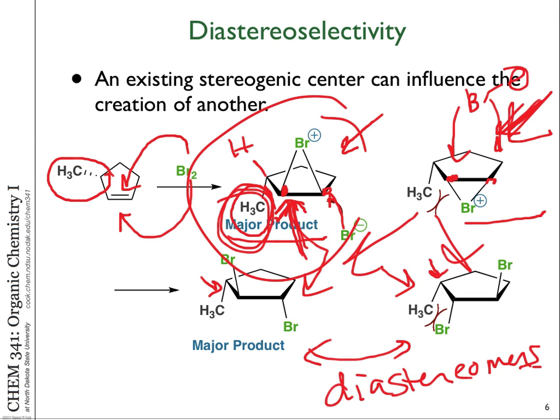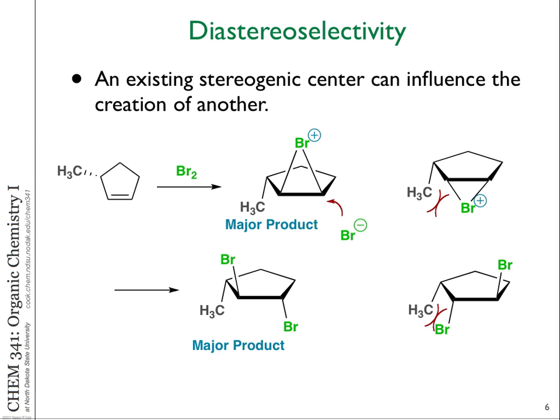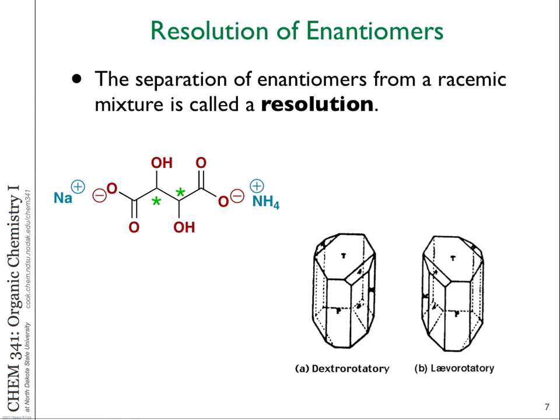So if you really analyze each step and each possible product formation, each stereoisomer which could be formed, you have to think carefully about what influences the formation of each one in each particular step. Organic chemists do this all the time. We're constantly thinking about all of these issues when we design new reactions or try to do something that's very selective. Okay? All right, well, let's talk about enantiomers and how we separate them.